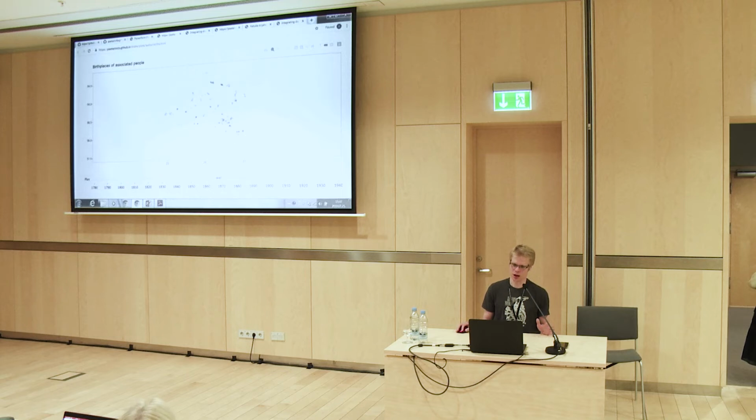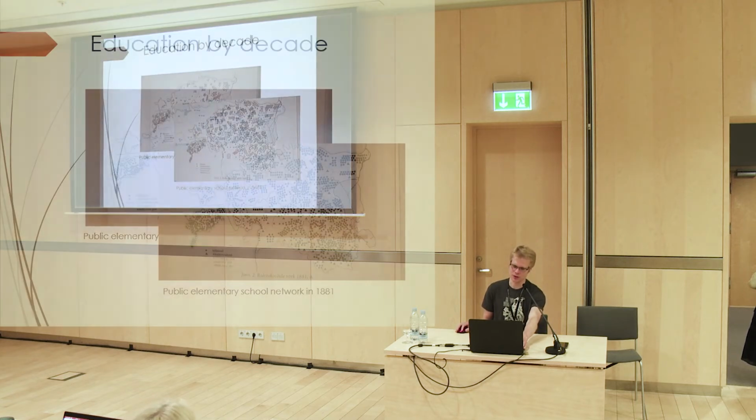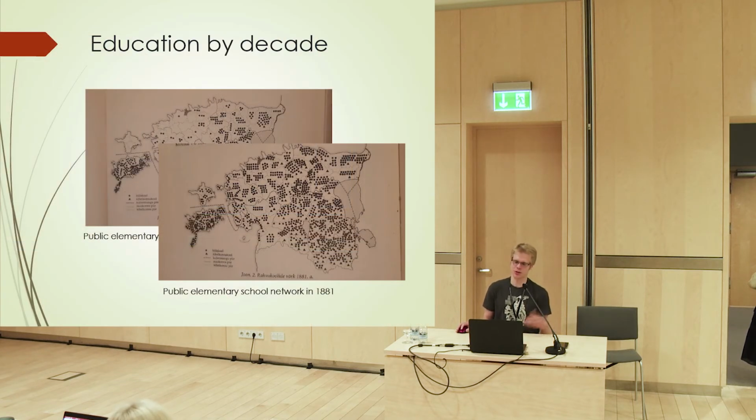While then, as more public schools are built, you get the balancing out between these areas. And this is a serendipitous find by just looking at places where the schools were and places where the publishers are from, that you kind of get free with this data.